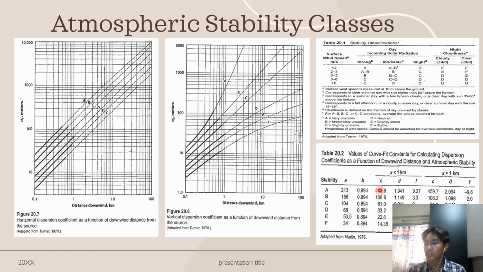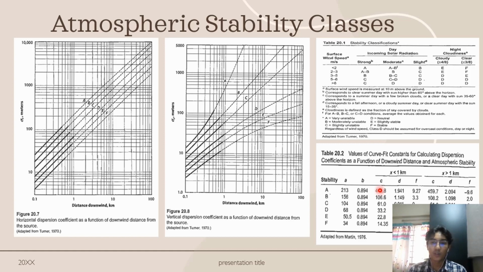Tests were conducted in level, open terrain, in which short time average, about 10 minutes, concentrations were measured, along with emission rates and wind speed. Extrapolation of the data was made to extend the graphs for values of x greater than 1000 meters. Because of the restrictive circumstances under which these curves were developed, predictions of concentrations using the Gaussian model should be expected to be within about plus or minus 50% of actual values.